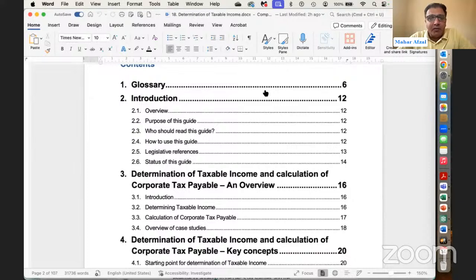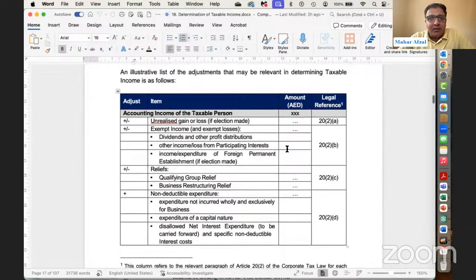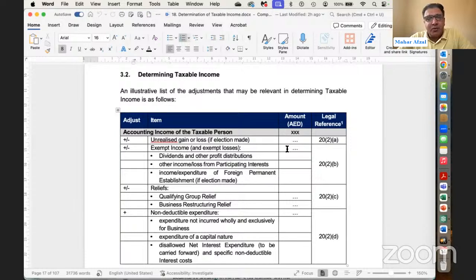In the overview section, which is the overview of the overall guide, they have given one very good template. This template is quite helpful for the taxable persons on how to prepare their tax return. We'll discuss this template, then we'll not be focusing on the key concepts.